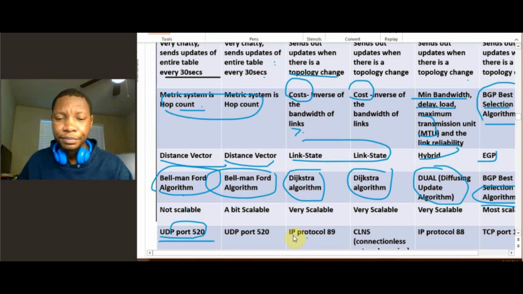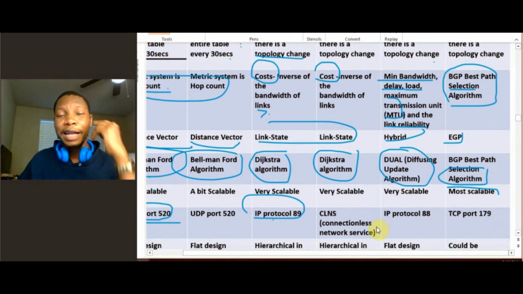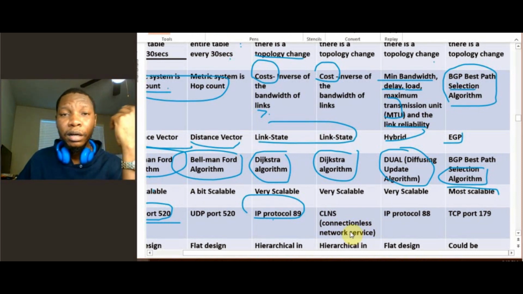OSPF has its own IP protocol, IP protocol 89. ISIS is not an IP protocol. It was not originally an IP protocol; it was a connectionless network service. ISIS was created by ISO back in the day, and it was operating under the OSI model standard.